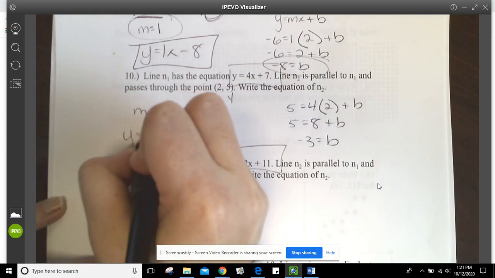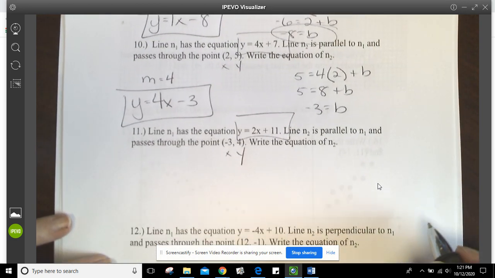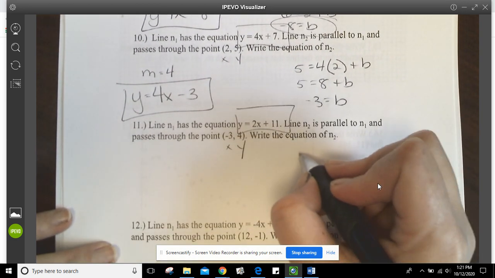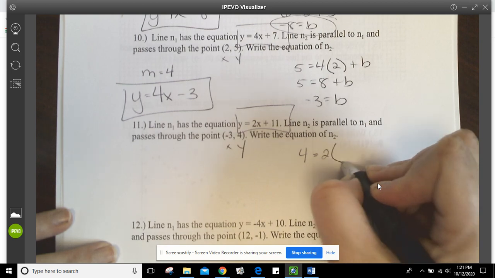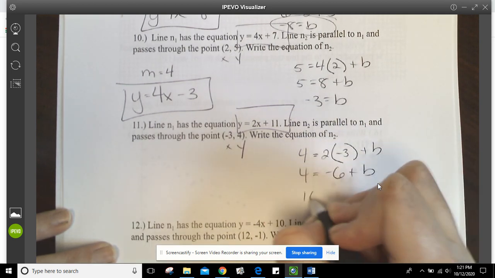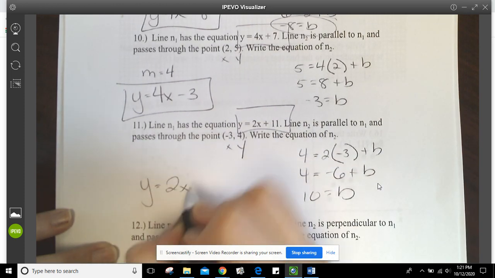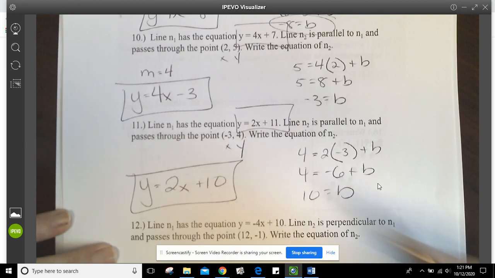So you should have got your slope was 4 and your y-intercept was 3 for 10. And then if you go down to 11, you should have gotten your slope to be 2 and your y-intercept to be 10.